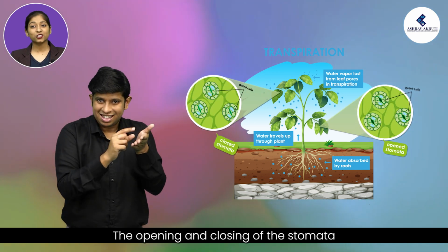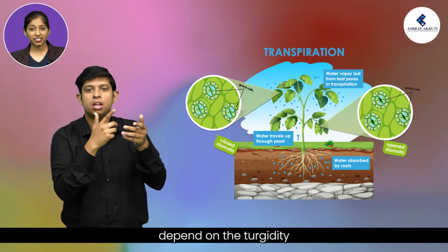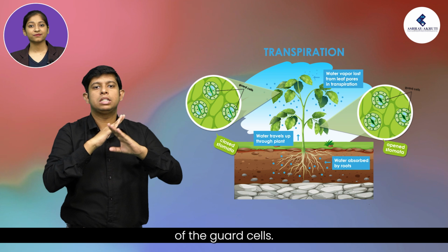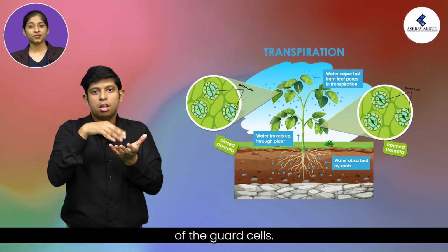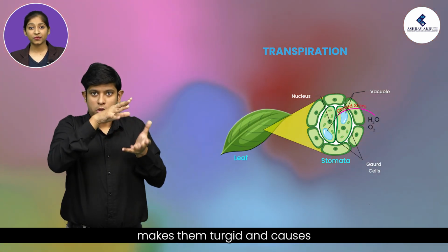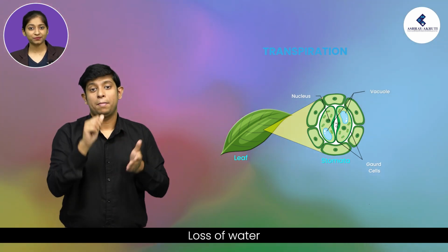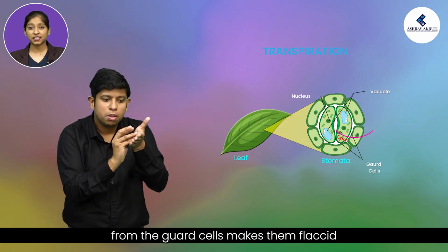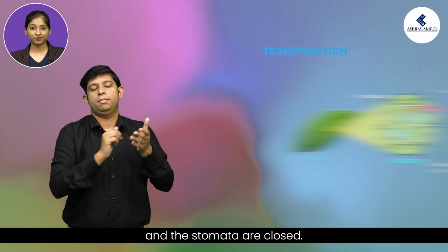The opening and closing of the stomata depends on the turgidity of the guard cells. Entry of water into the guard cells makes them turgid and causes the opening of stomata. Loss of water from the guard cells makes them flaccid and the stomata are closed.